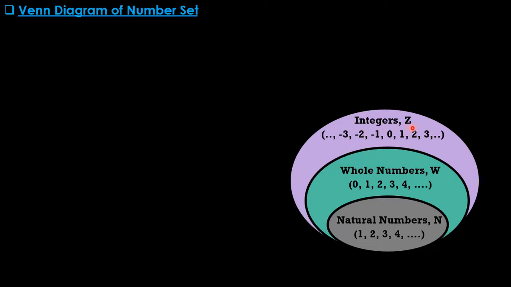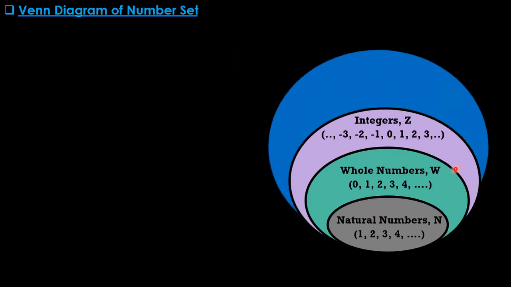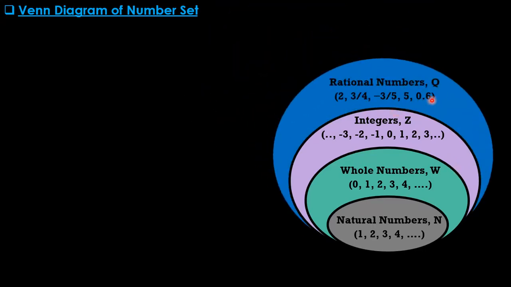Now these are integers Z, starting from minus infinity to minus 3, minus 2, minus 1, 0, 1, 2, 3 up to infinity. These integers again include whole numbers as well as natural numbers, or we can say natural numbers are a subset of whole numbers, which are a subset of integers, which are a subset of rational numbers Q.